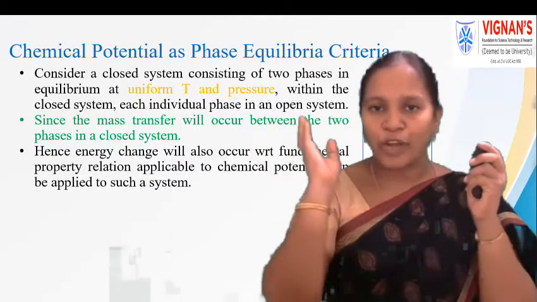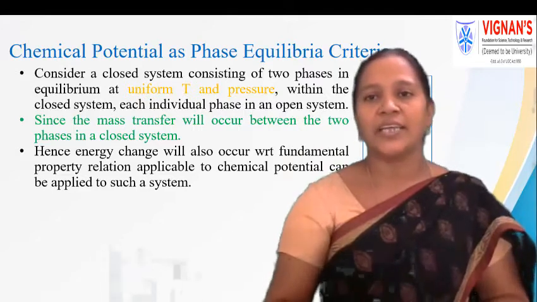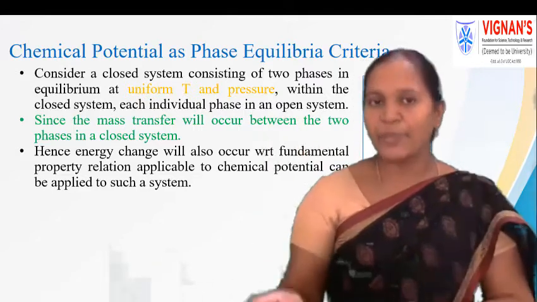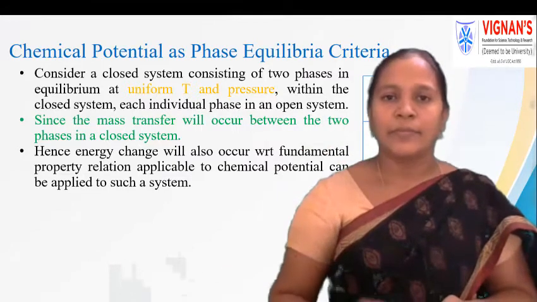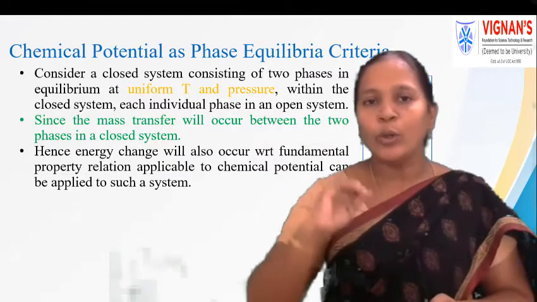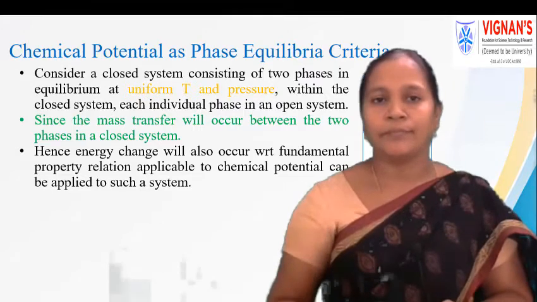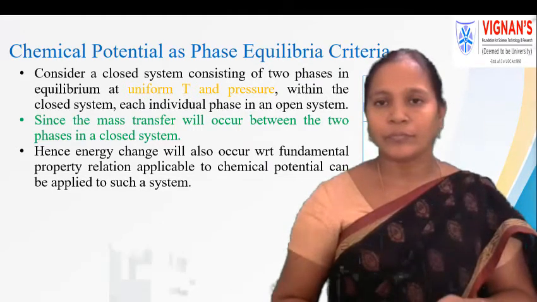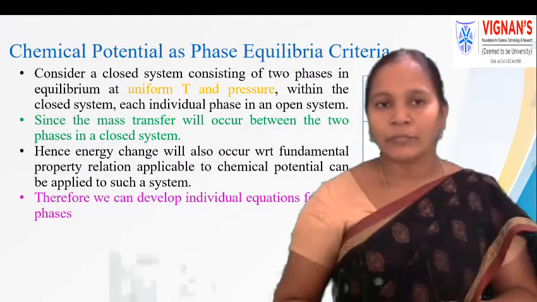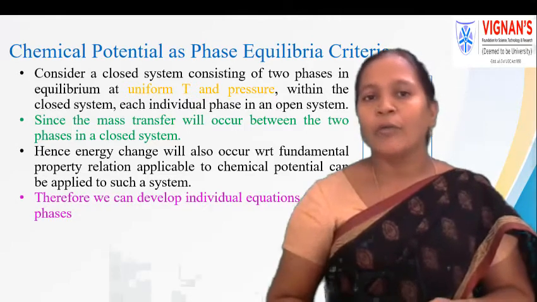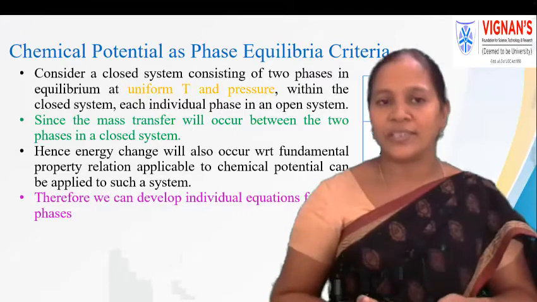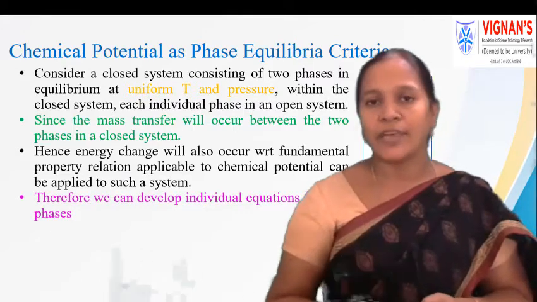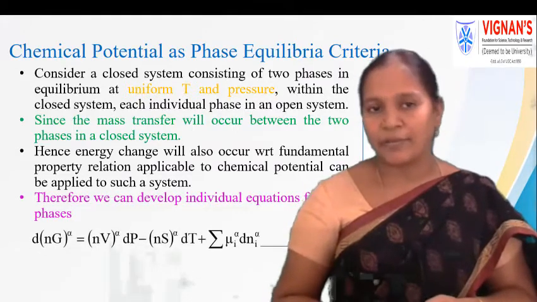The fundamental property relation related to chemical potential can be applied to each phase. Therefore, we can develop individual equations for both phases, that is, for alpha phase and beta phase.